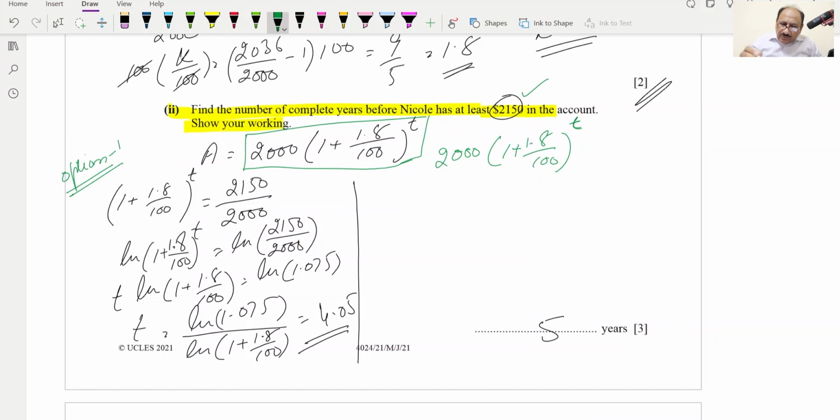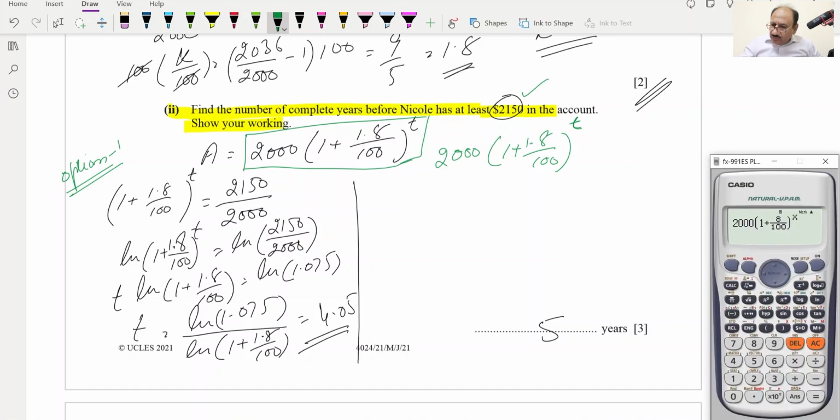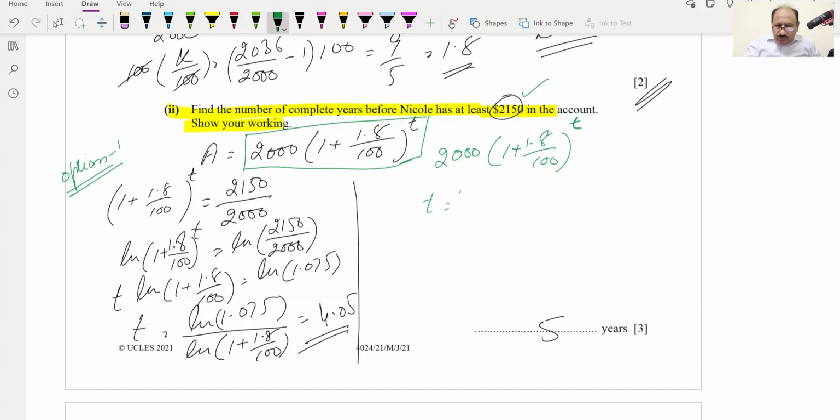We made a mistake, it should be 1.8 over here. So 1.8, now it will be okay. If we calculate for 4, this will give us 2147.99.